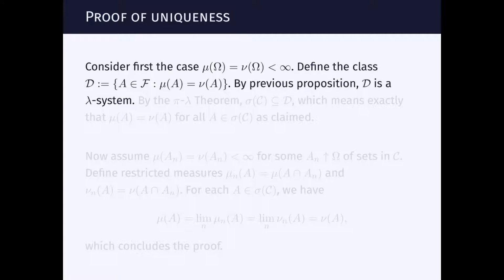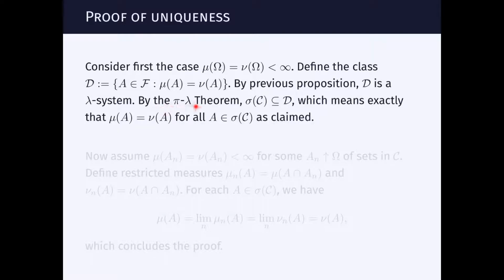Now, we can conclude from the pi lambda theorem that this class D, since it contains a class C which is a pi system, also contains the entire sigma algebra generated by that pi system. And that means exactly that the measure mu and the measure nu of sets A in the sigma algebra generated by this class are the same, and this is exactly what this theorem was saying.